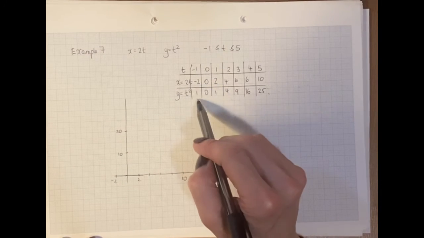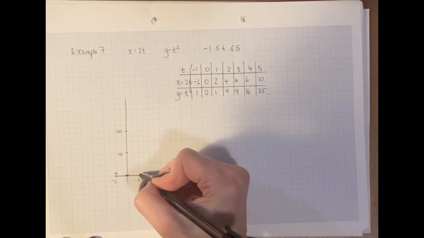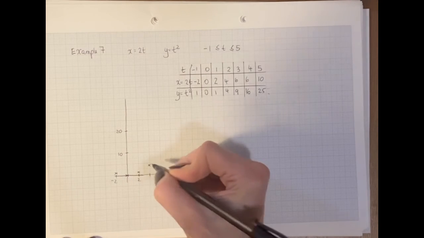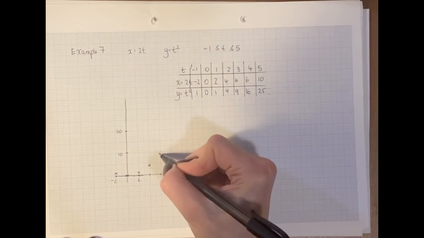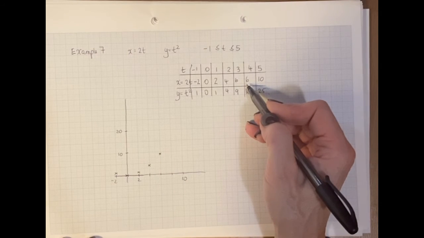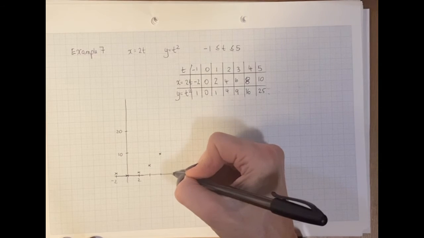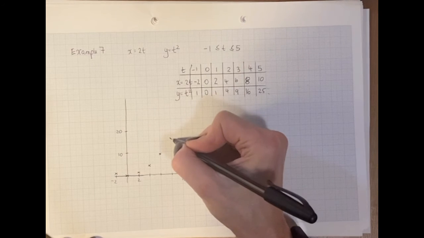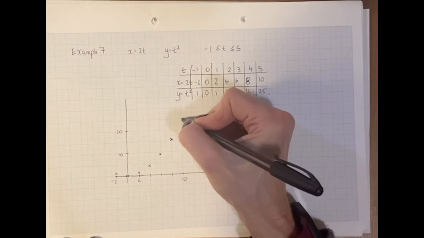You've got -2, 1, so -2, 1 is over here, 0, 0, 2, 1, 4, 4, so 4, 4 is here, and 6, 9, so 6, 9 is over here, and that's not right, I've copied it wrong, that was 8, apologies, 8, 16, so it's 8 here, and then 16 over here. Let's go to 15, 1 square lower, and then 10, 25, so 25 is over here.